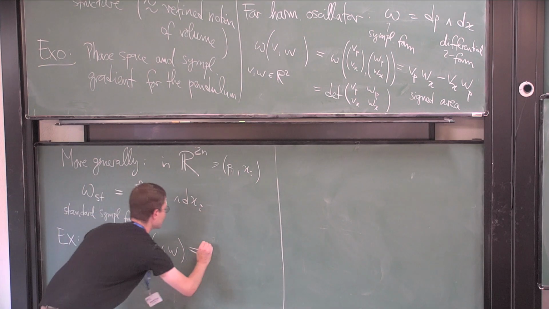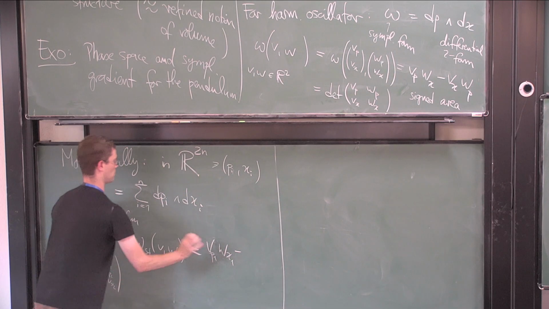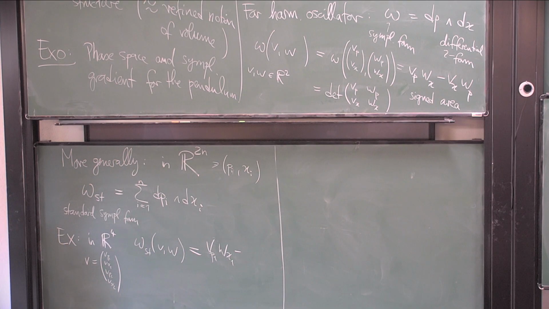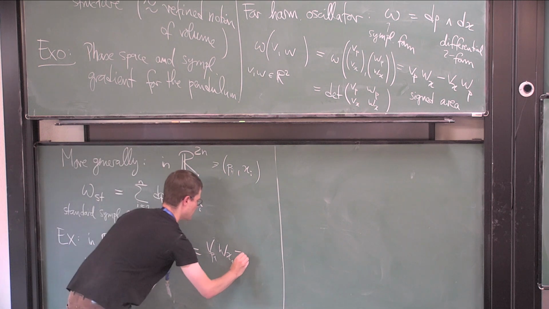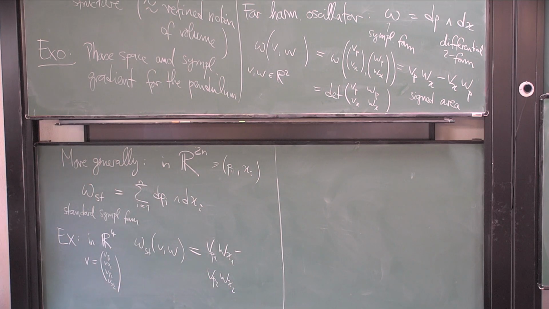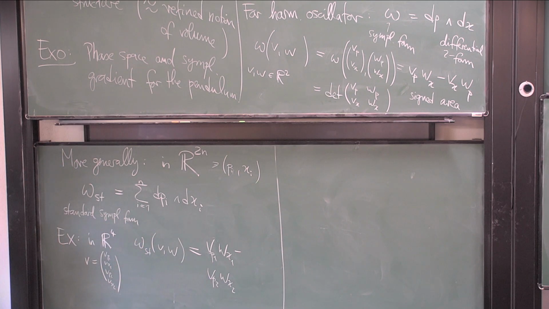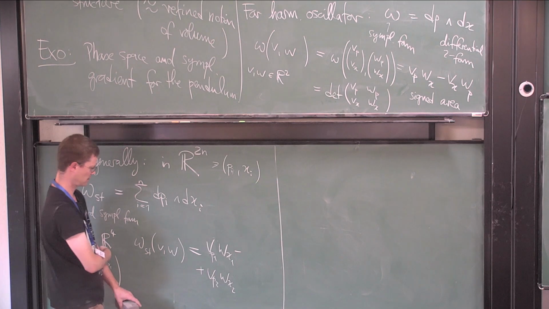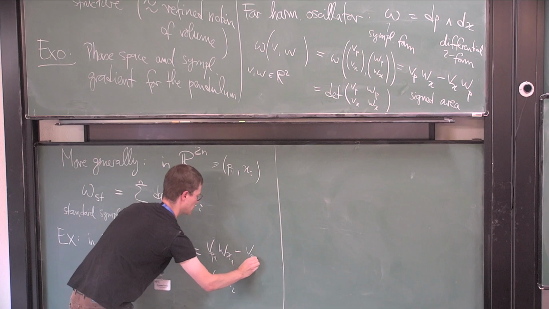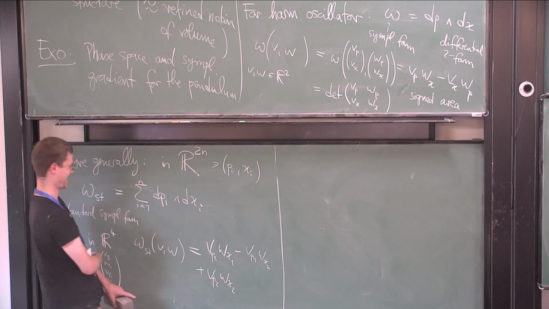It's vp1 wx1, and then you have the exchange, minus vx1 wp1. Then plus vp2 wx2, minus vx2 wp2. Okay, everybody is okay with that?